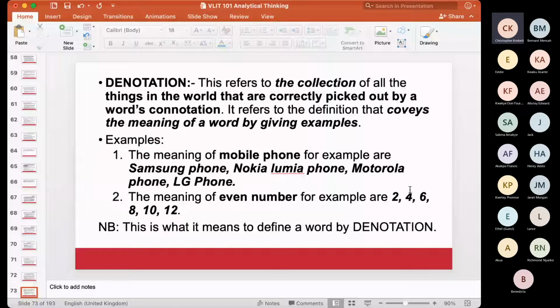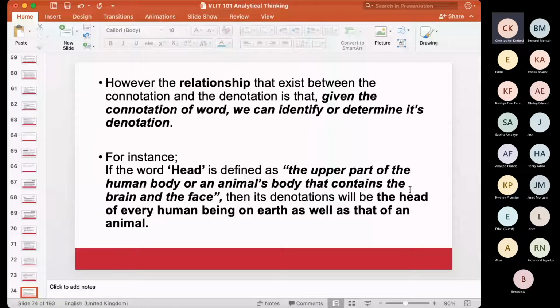I'll come back to the head very soon. However, the relationship that exists between the connotation and the denotation is that, given the connotation of a word, we can identify or determine its denotation. So by the help of the connotation of a word, we can then identify its denotation. Now let's come to the word head. We know by connotation, the word head refers to the upper part of the human body, or animal's body, that contains the brain and the face.